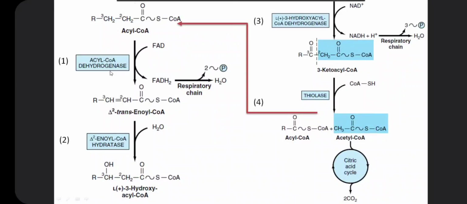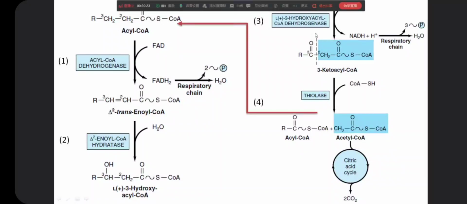This reaction is catalyzed by the enzyme acyl coenzyme A dehydrogenase. This reaction requires FAD as a coenzyme, and results in the formation of trans-enoyl coenzyme A, and also forms the reduced coenzyme FADH2, and then the FADH2 can enter the respiratory chain, right?